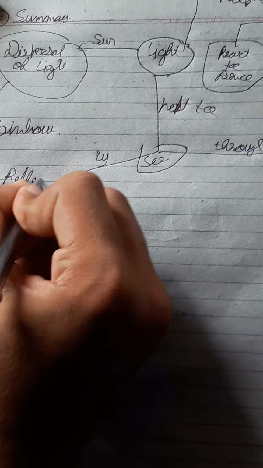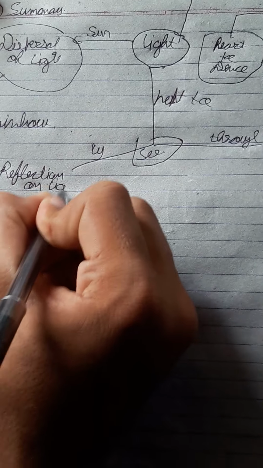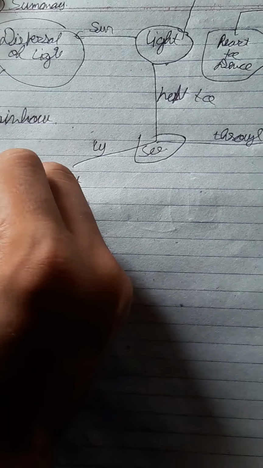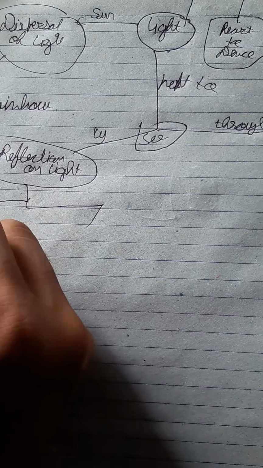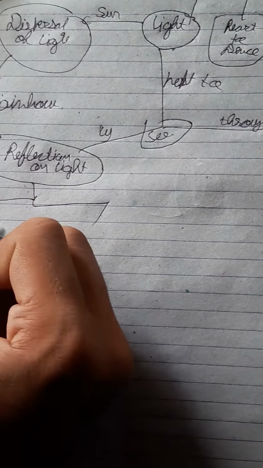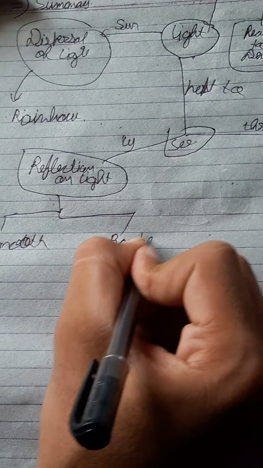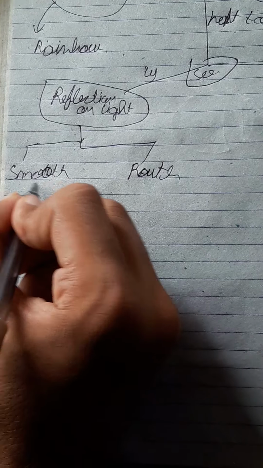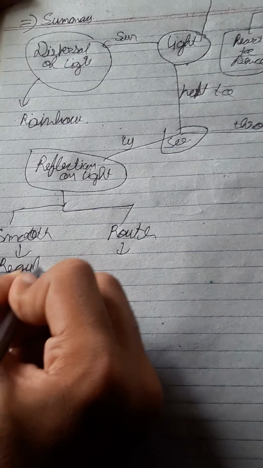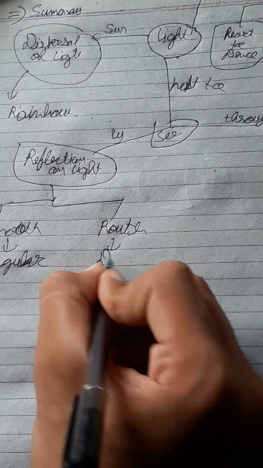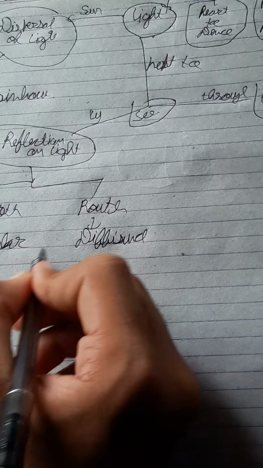Reflection of light is done by two kinds of surfaces, smooth or rough, and according to them the names are different: regular reflection and diffuse reflection.